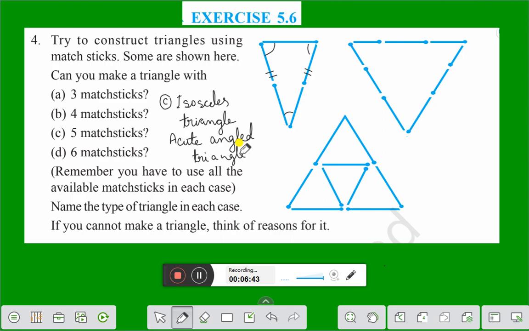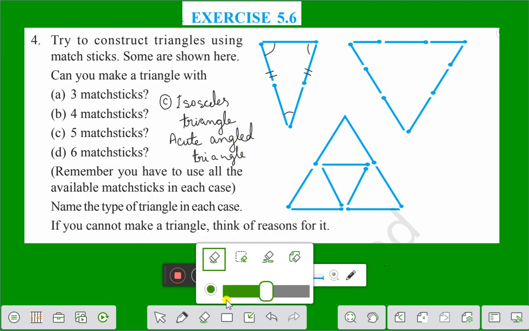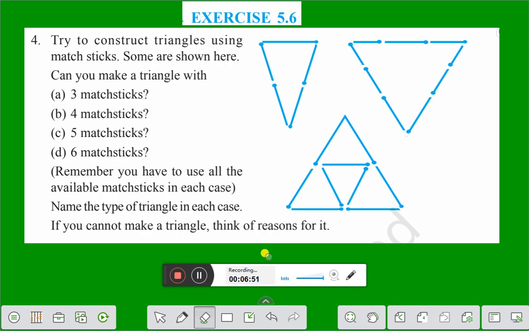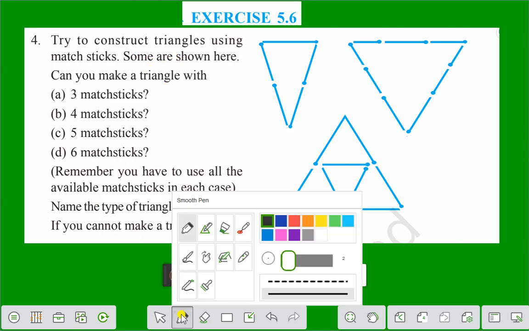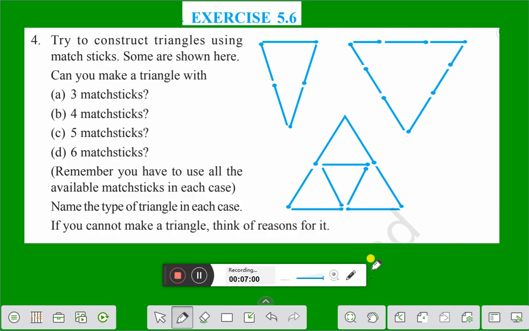Now question number D, 6 matchsticks. If we take 6 matchsticks, what will happen? Let us take 6 matchsticks.